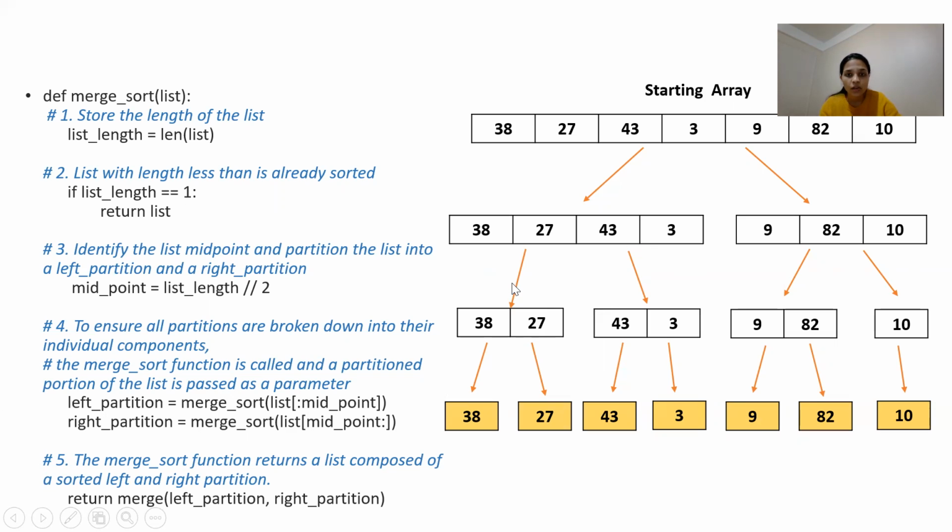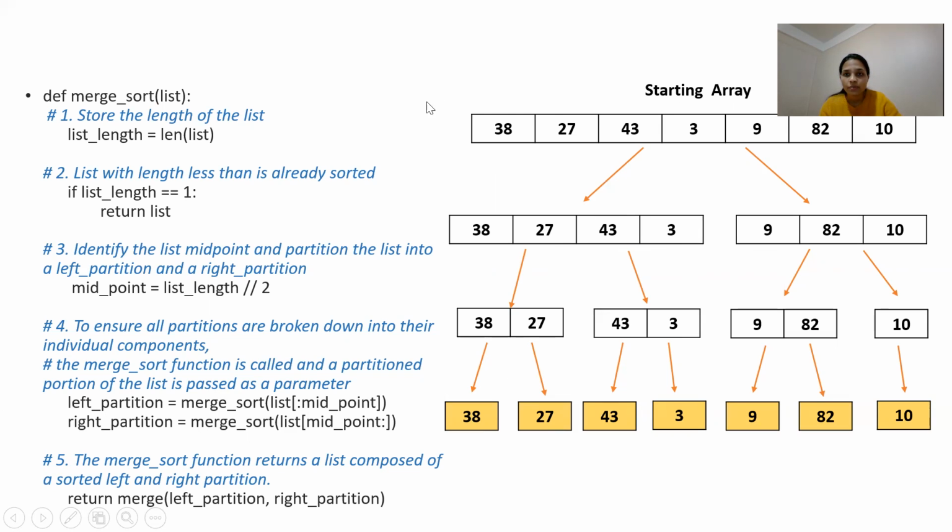For example, if I call the partition over here, my left partition will be 38 and my right partition will be 27. Same if I compare 38, 27, 43 and 3, you can see my left partition will be 38 and 27 and my right partition will be 43 and 3.